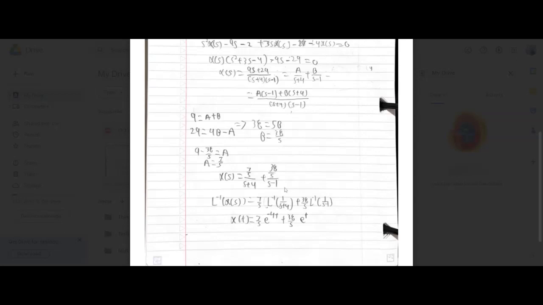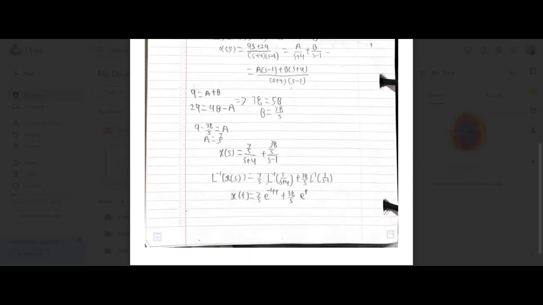So yeah, so 7 over 5 over s plus 4 and plus 38 over 5 over s minus 1. Now we then take the reverse Laplace transform, which will make X of s inverse equal to x of t. Not reverse, inverse. The inverse, pardon me again. The inverse Laplace transform. And of course, we can take out any constant that's multiplied.